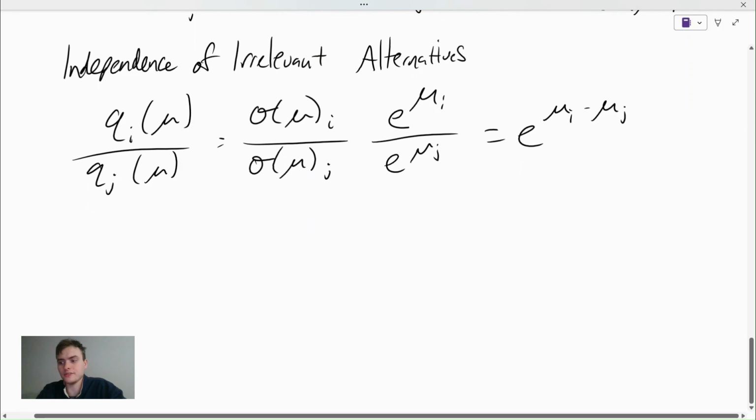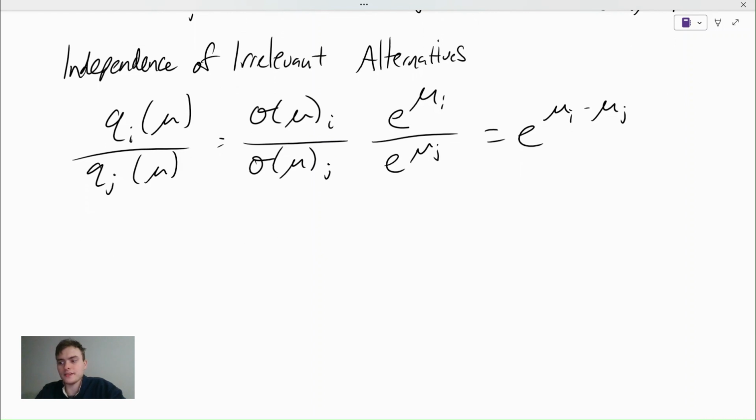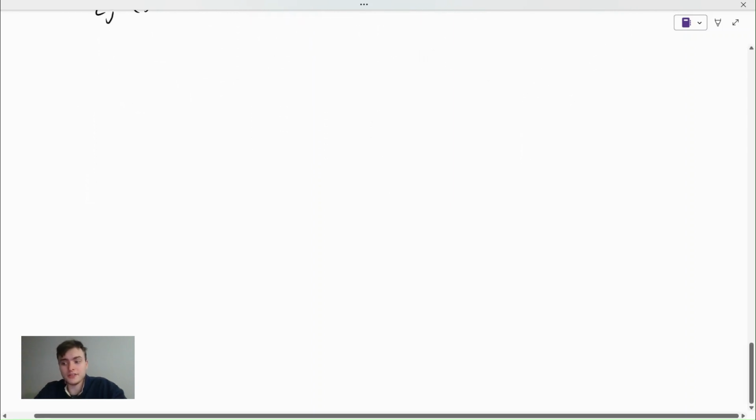And so this also implies that adding one alternative decreases the choice probabilities for all the other alternatives proportionately. It's not going to disproportionately impact some alternative that is more similar to it. There's no similarity between alternatives. They all are just given by independent utility functions.